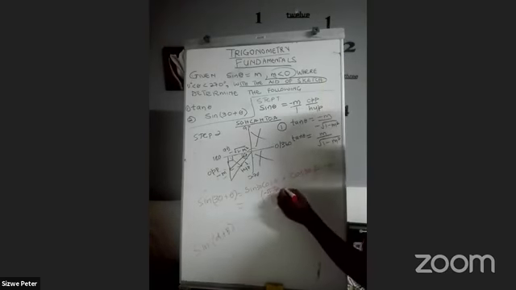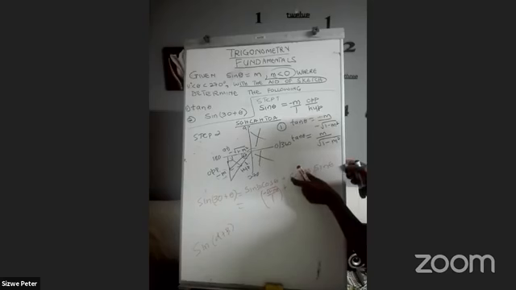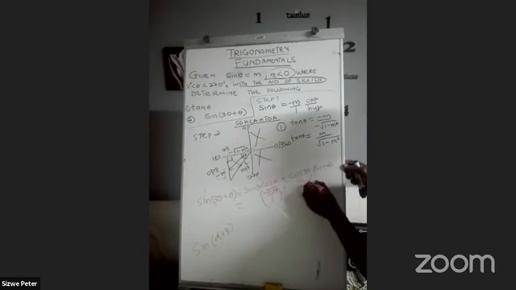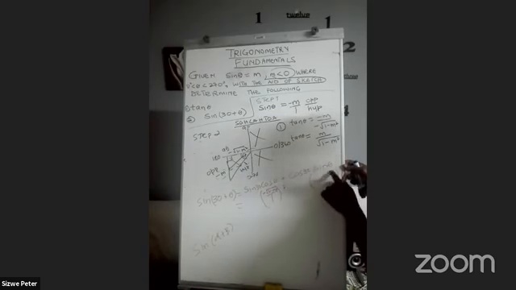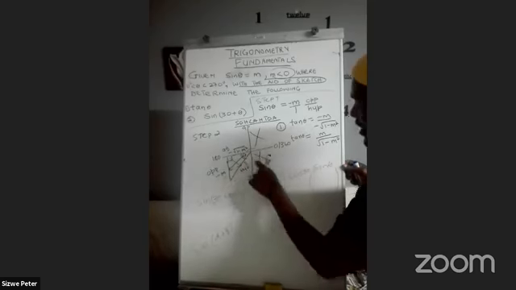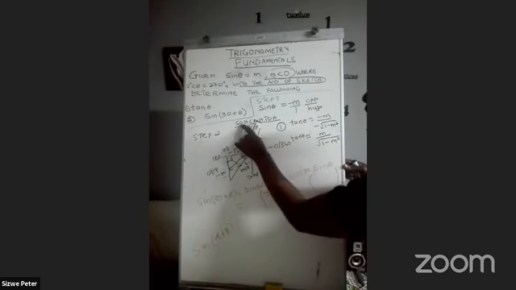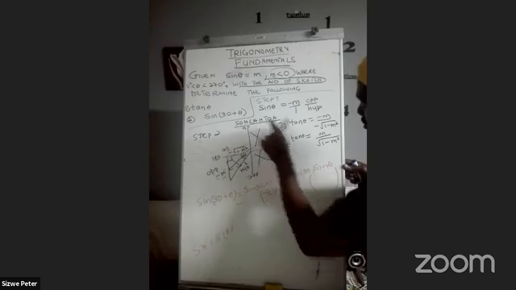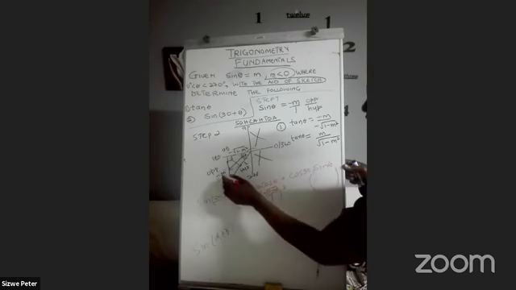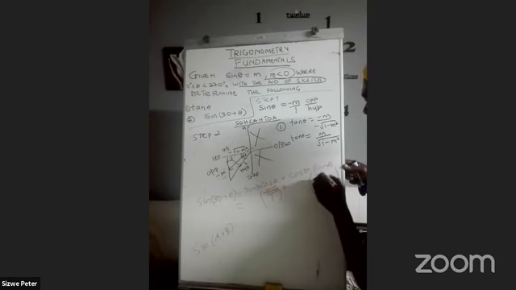Now, I must focus on the theta first. What is sine? According to SOH CAH TOA, it's opposite over hypotenuse. So what is my opposite? It's minus m, right?